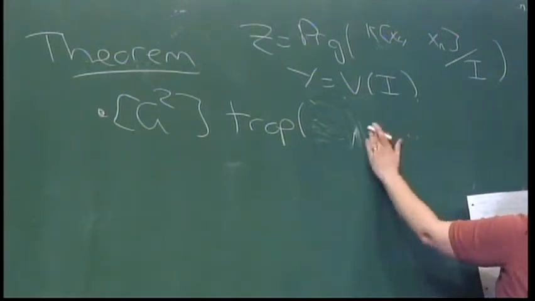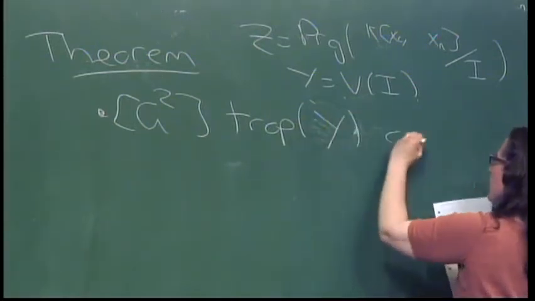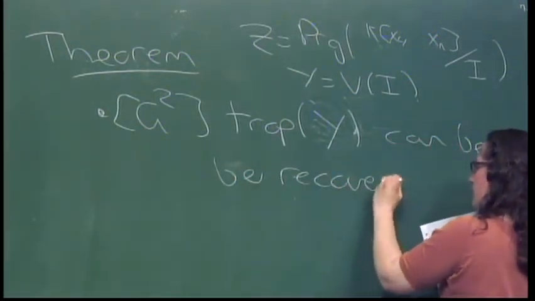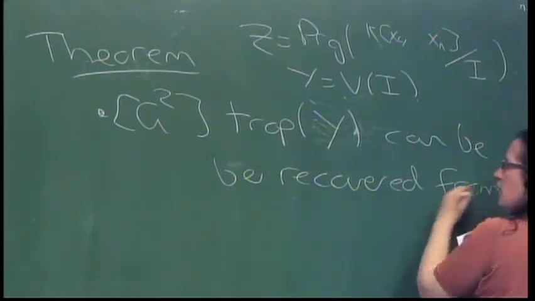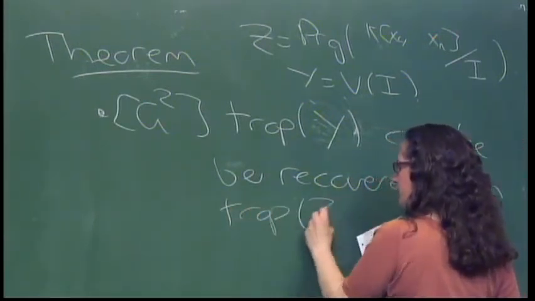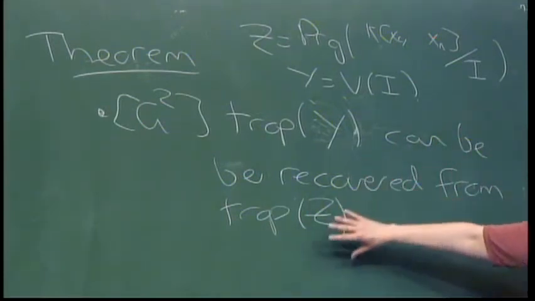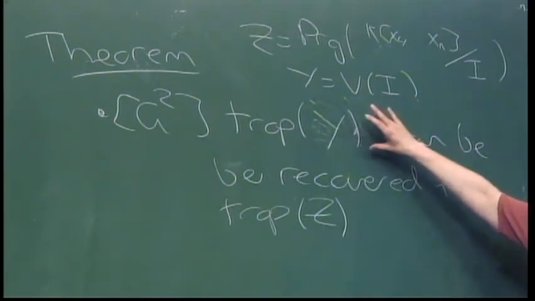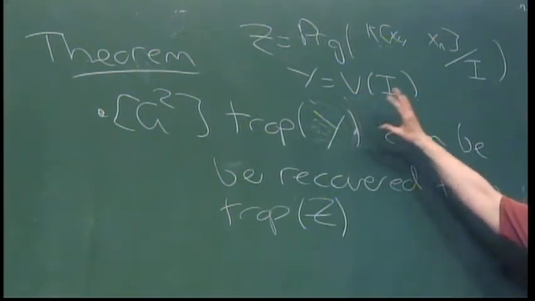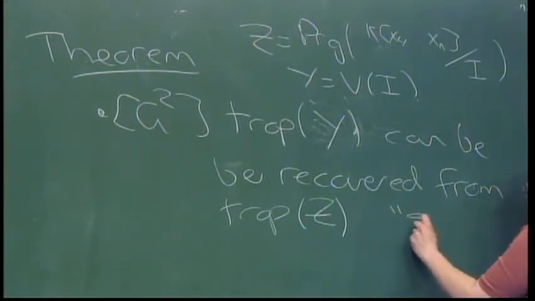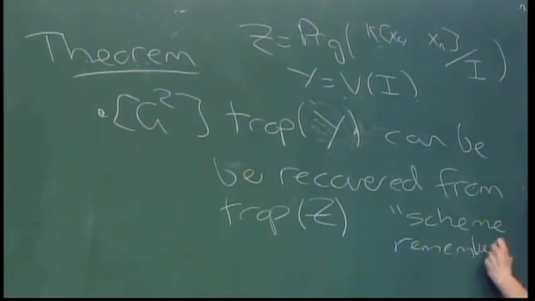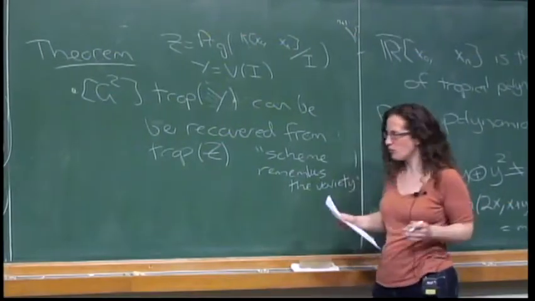So trop Y can be recovered from trop Z. So here I'm saying the tropicalization of the scheme, here we're meaning just the subset of points in tropical projective space. So this is the scheme remembers the variety. Okay, so that's a good property.